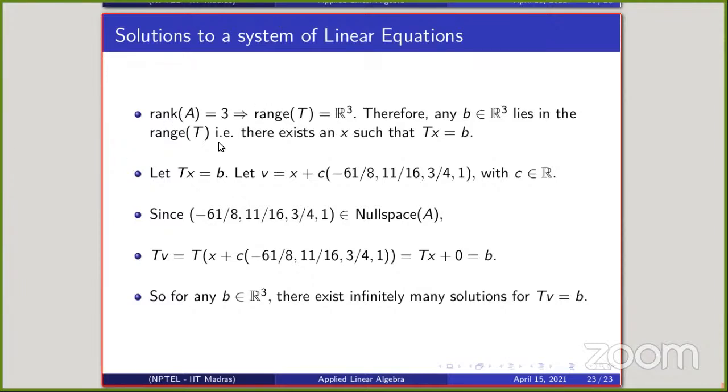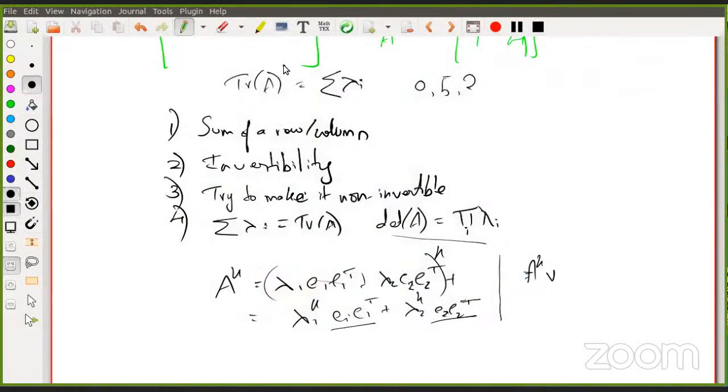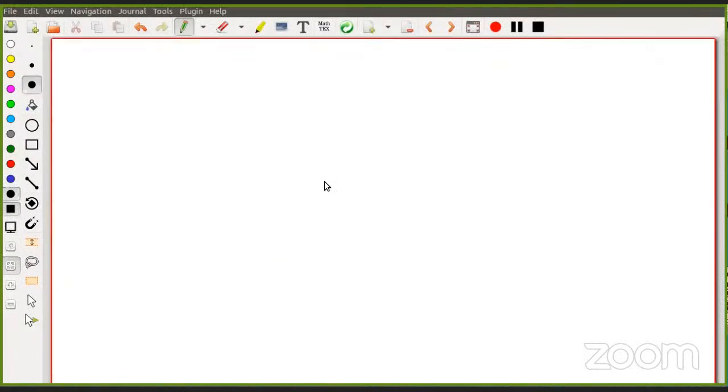I think there's a question: how to determine injective, surjective, and invertibility when a polynomial is multiplied by x or x squared? Okay, I'll move to the whiteboard. So this is about when a polynomial is multiplied by x or x squared.